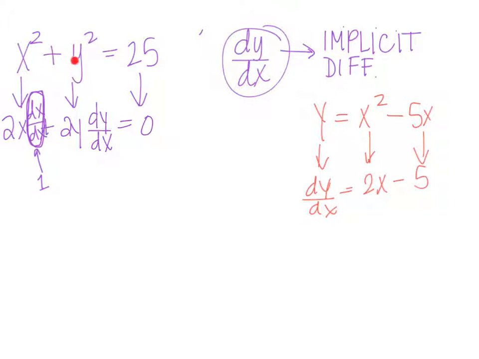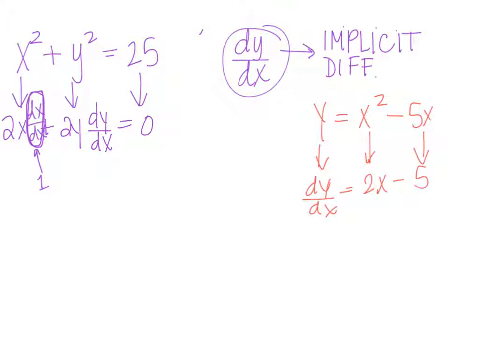Well, now it's the derivative of y squared. The derivative of y squared is 2y dy dx, d stuff. Where here we were doing dx dx, or d stuff, quote unquote, was 1. Here it's 2y dy dx is equal to the derivative of 25, which is 0.